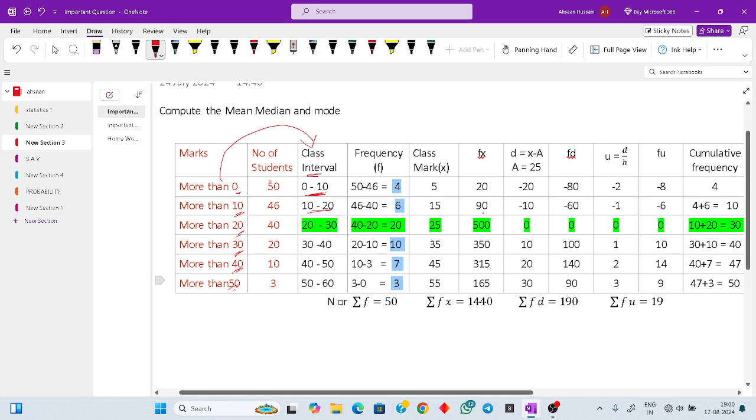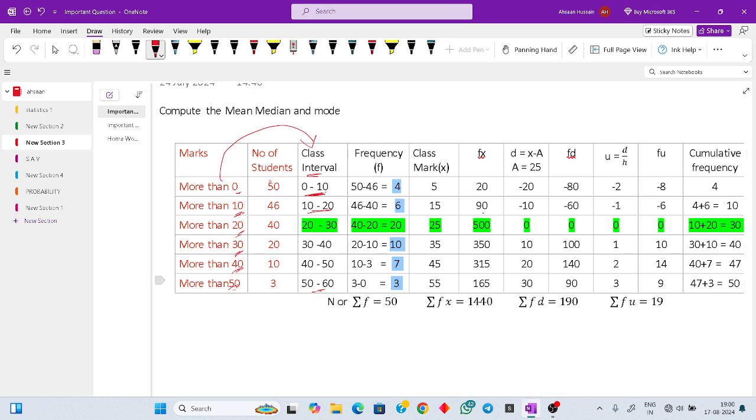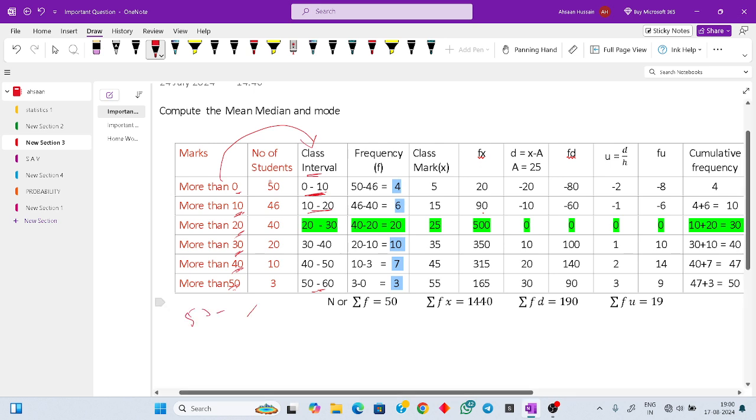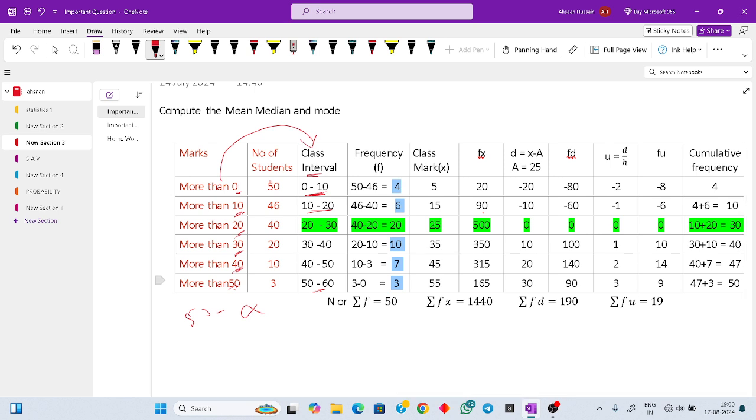Then after that you can write 50 to 60. See, more than 50 means 50 to infinity. But since the height in each class interval is 10, we'll take the height as 10 here also. So we'll write 50 to 60 in place of writing 50 to infinity. Understood?